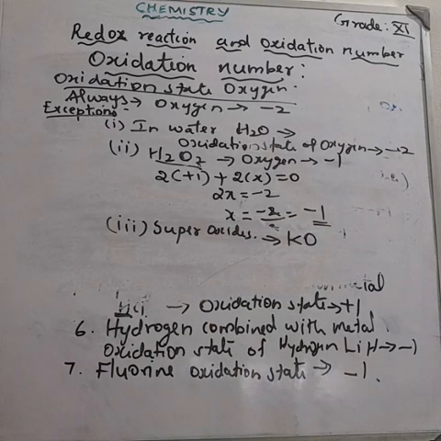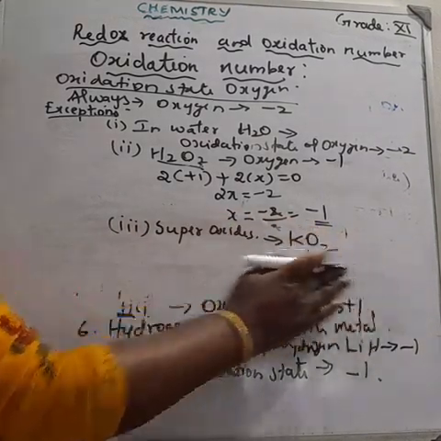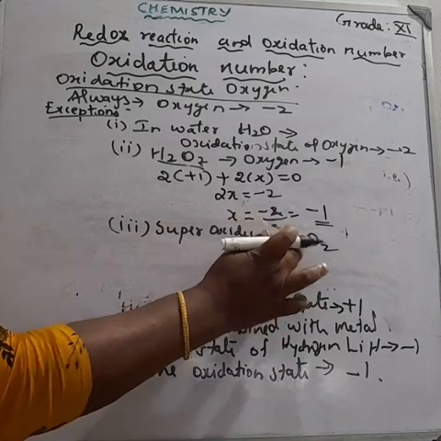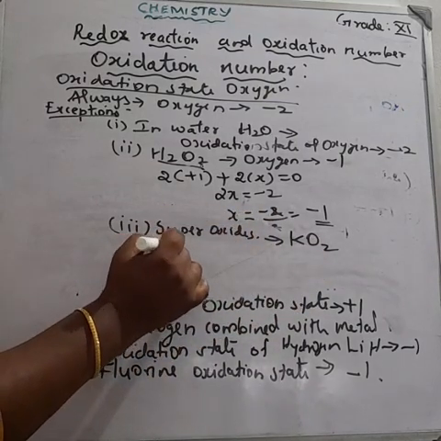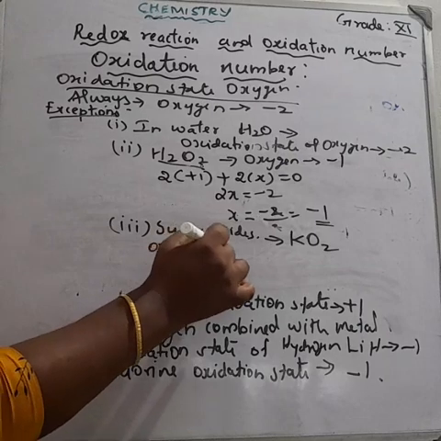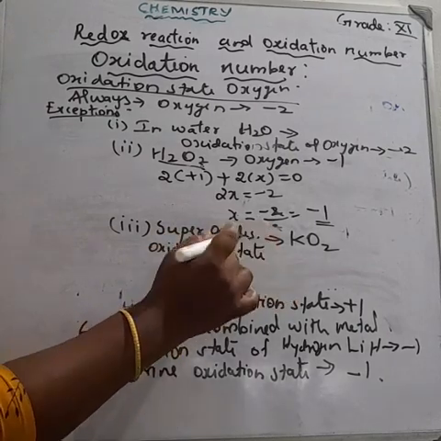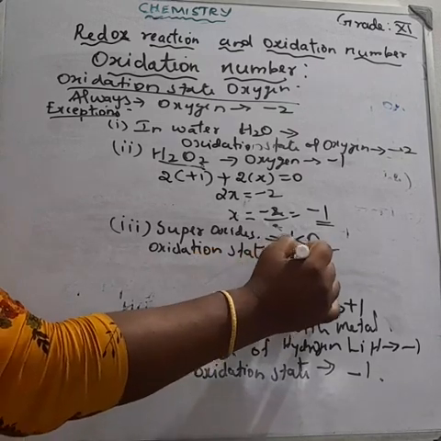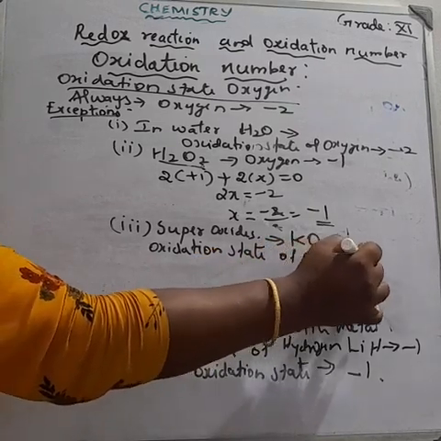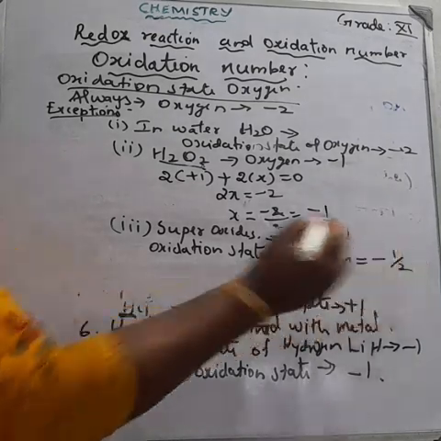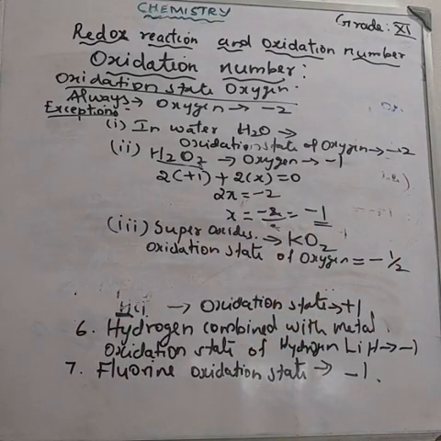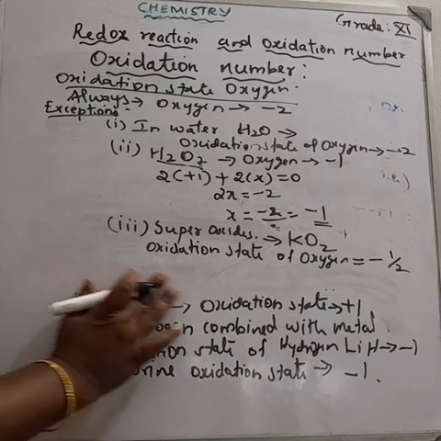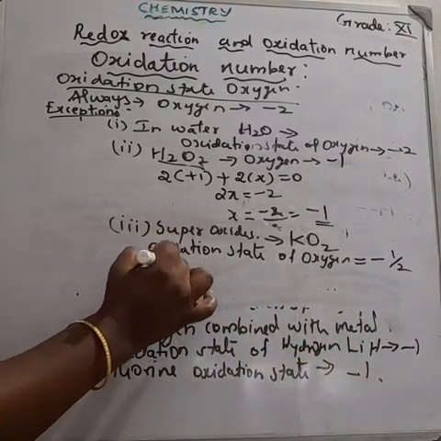Potassium superoxide, KO2. The oxidation state of oxygen in KO2 is -1/2.